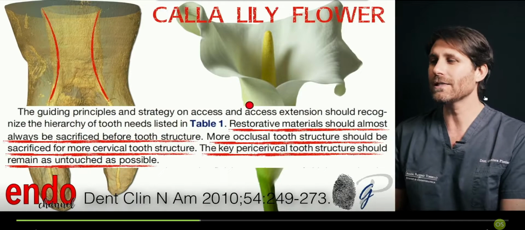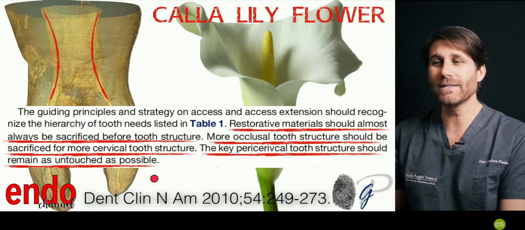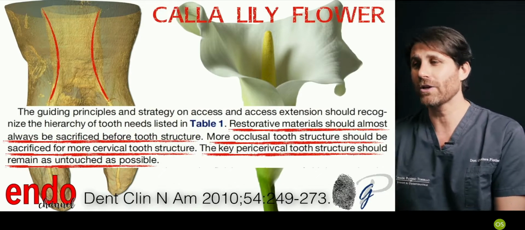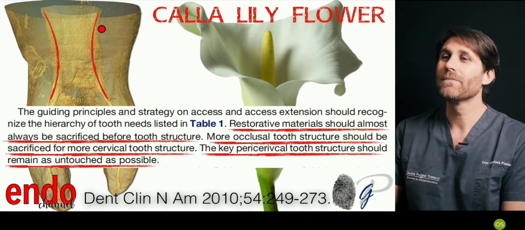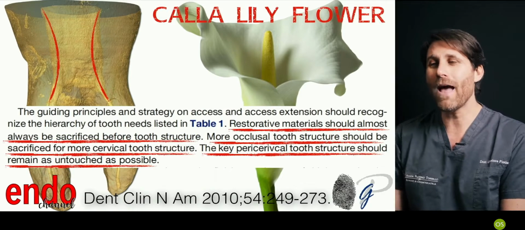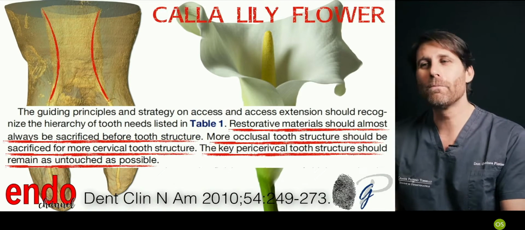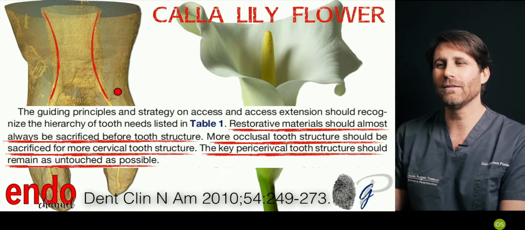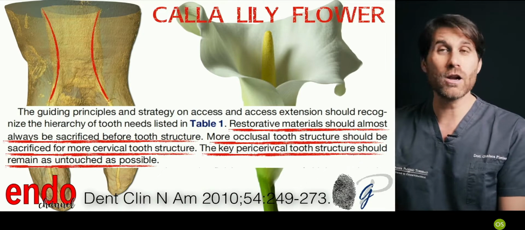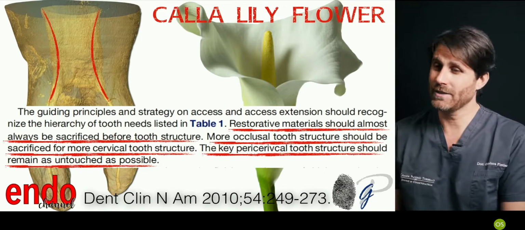More occlusal surface tooth structure should be sacrificed for more cervical tooth structure preservation. So this calla lily shape, this occlusal bevel, can be done to protect the dentin down there, because the key pericervical tooth structure should remain as untouched as possible.